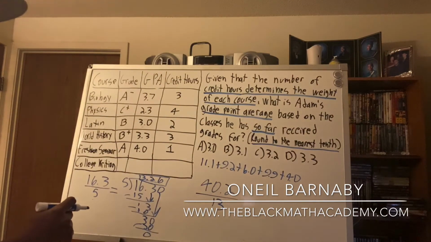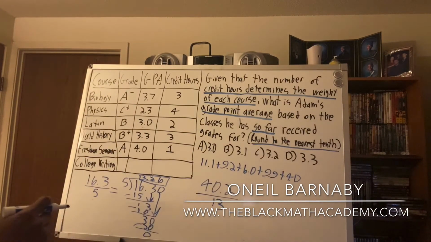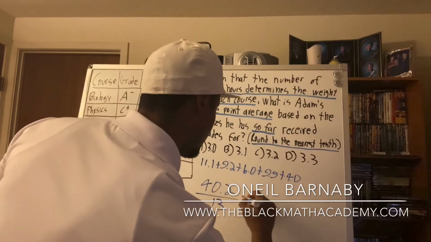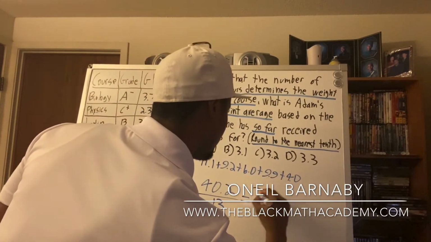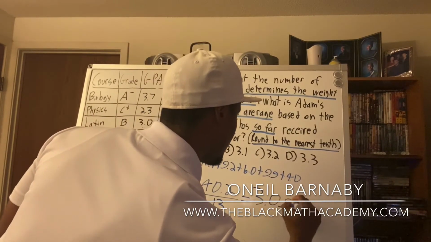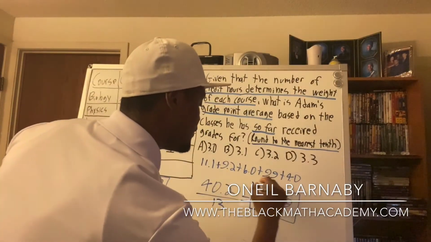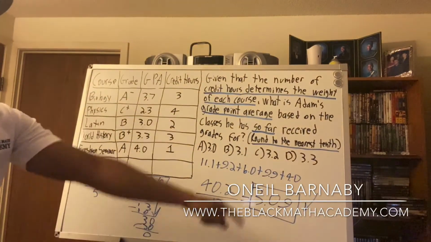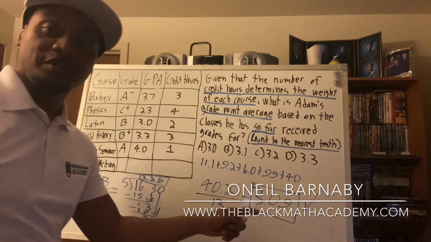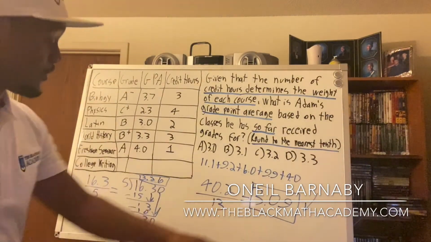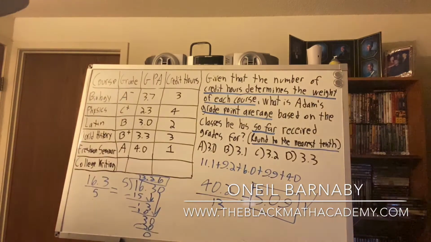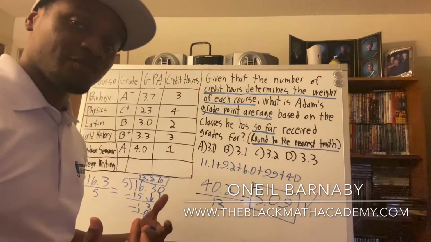If you were to solve this problem, 40.2 divided by 13 ends up becoming 3.09. So this is actually his weighted average. It's a 3.09. Now compare that to what we got before, 3.26, and you can see he didn't do as well as he thought.